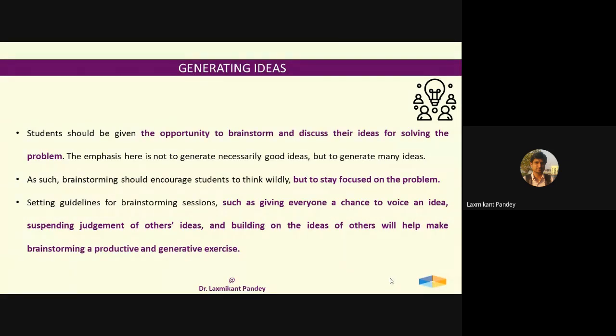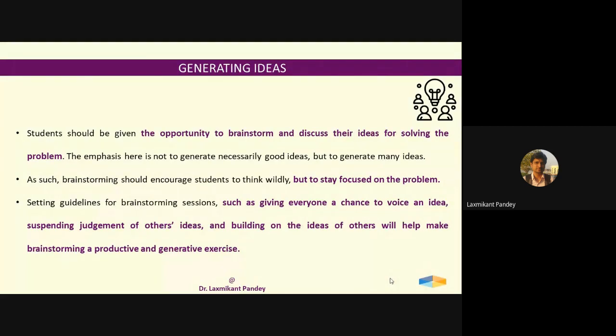And set guidelines for brainstorming sessions, such as giving everyone a chance to voice their ideas. That is very important. If you're making groups of students, every student's involvement in solving those problems is very important.